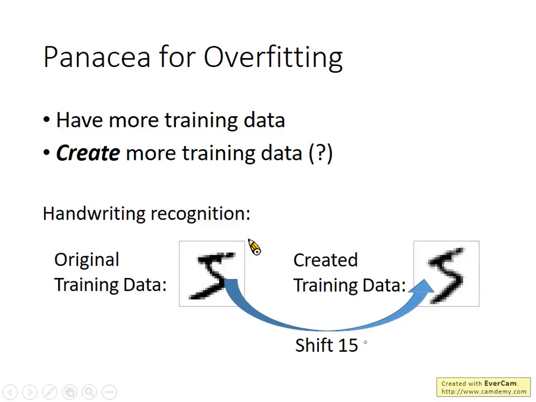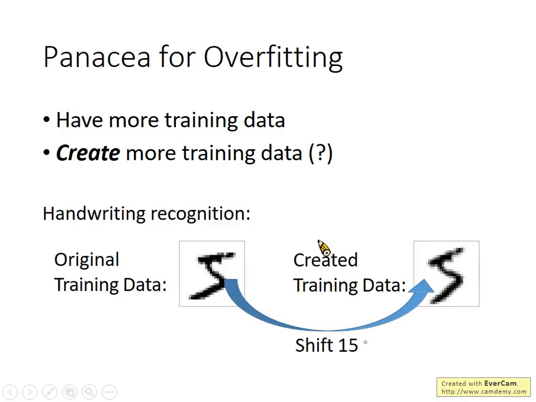According to the literature, such a simple method sometimes really improves the recognition accuracy. So at first, you can try this. You can artificially add more training data.